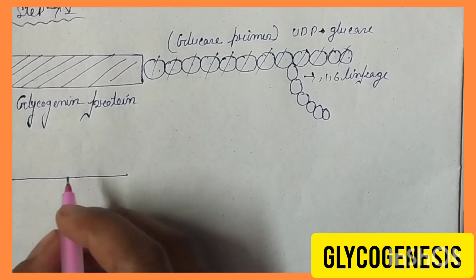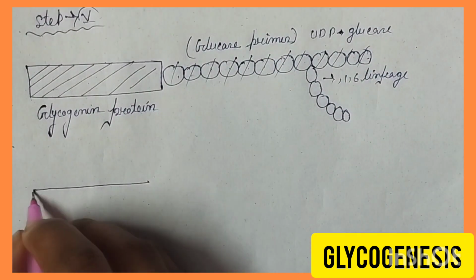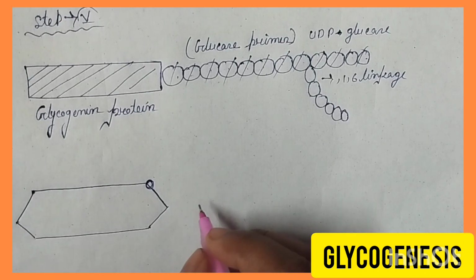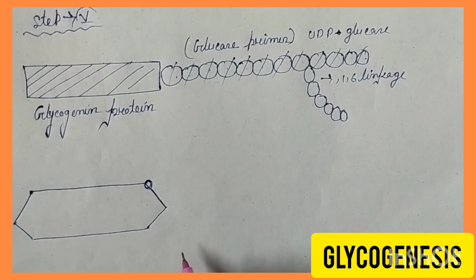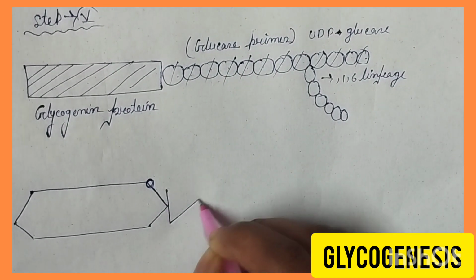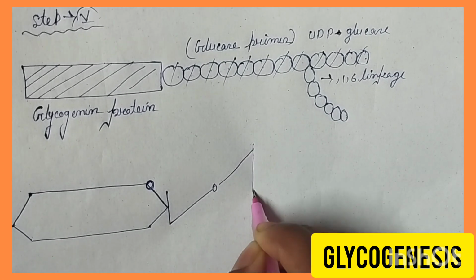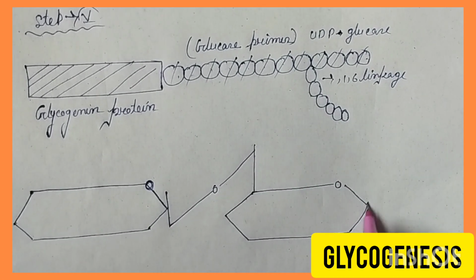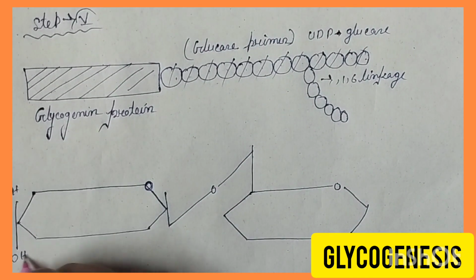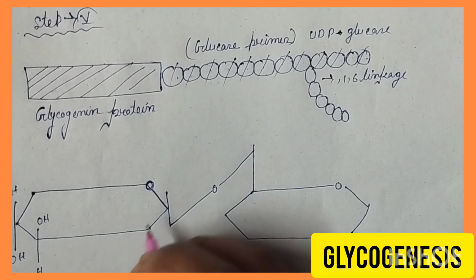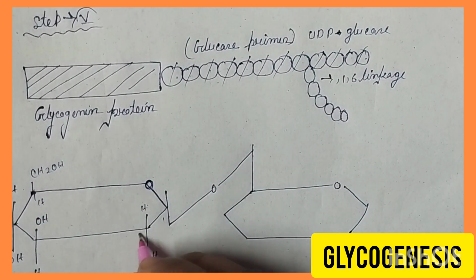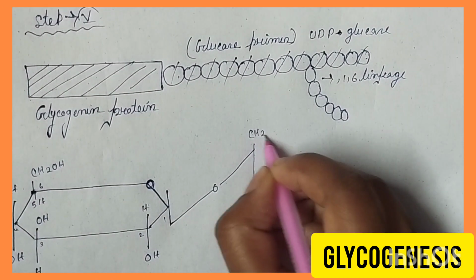The enzyme creates a 1,6 linkage, giving rise to a branch point in the glycogen molecule. Thus, the glycogen contains 1,4 linkages in a straight chain and 1,6 linkages at branch points. Okay.